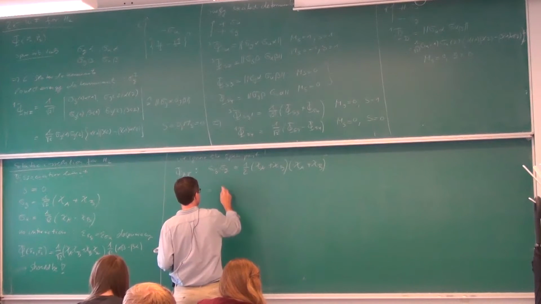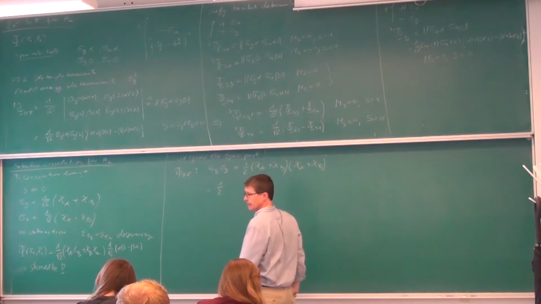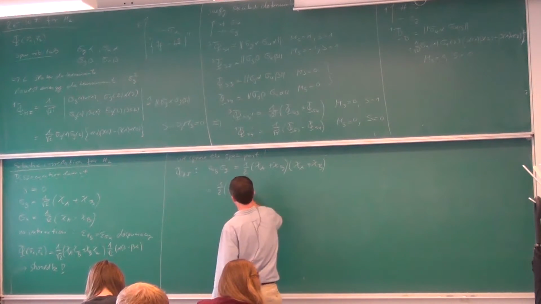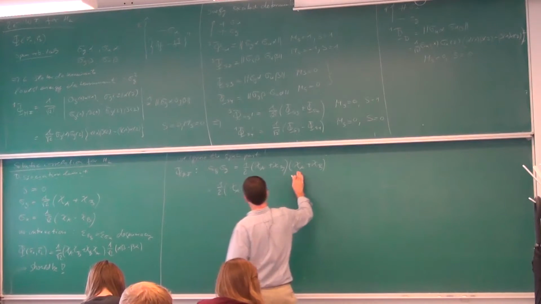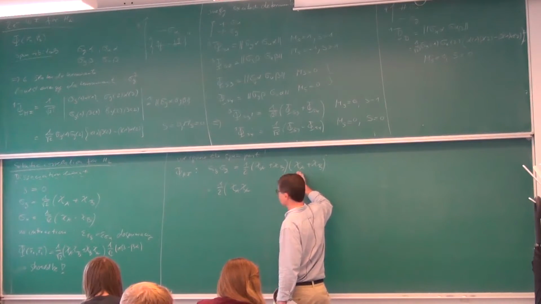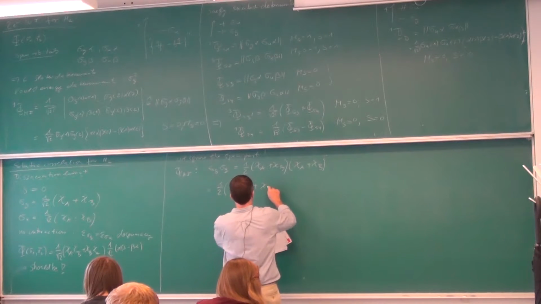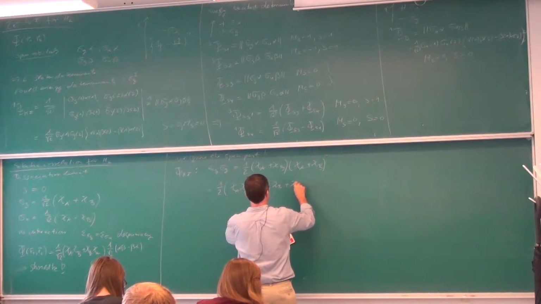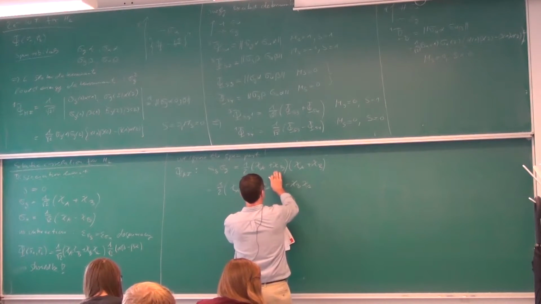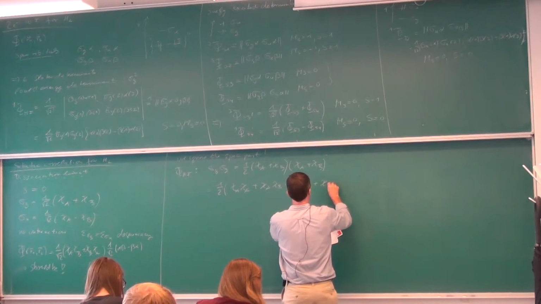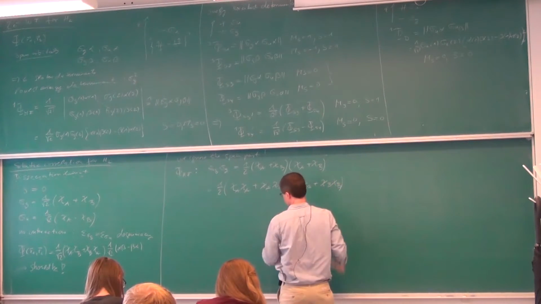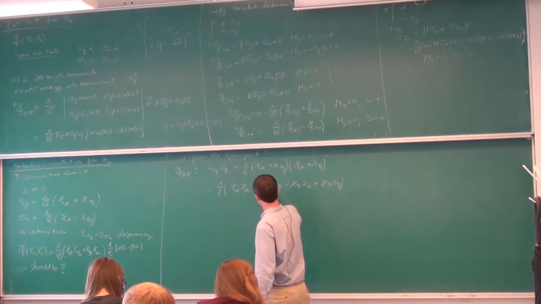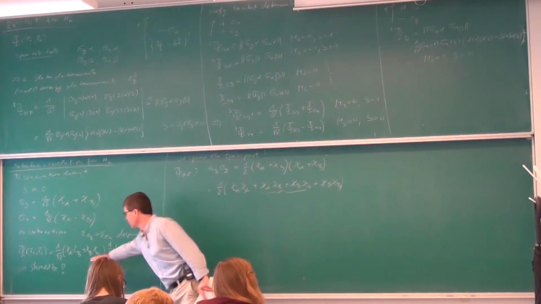If I multiply that out, I get 1/2, and then chi A for electron 1 and chi A for electron 2, plus chi A chi B, plus chi B chi A, and then chi B chi B.